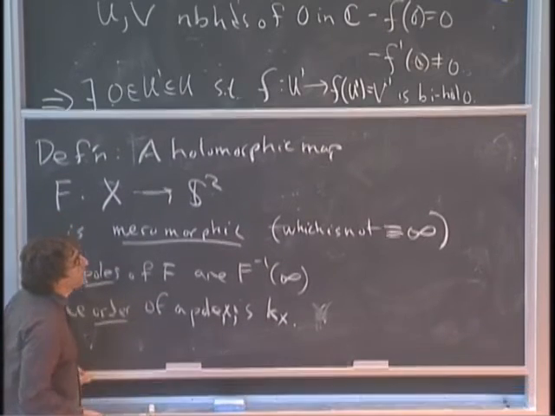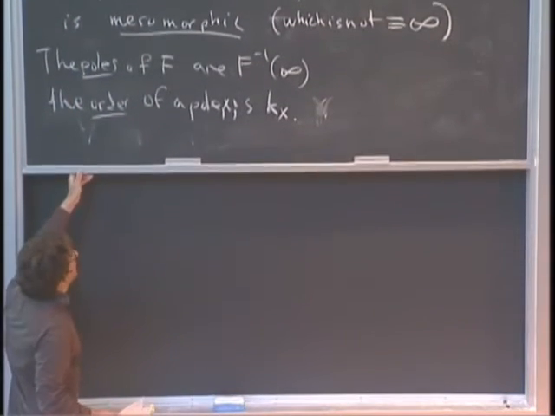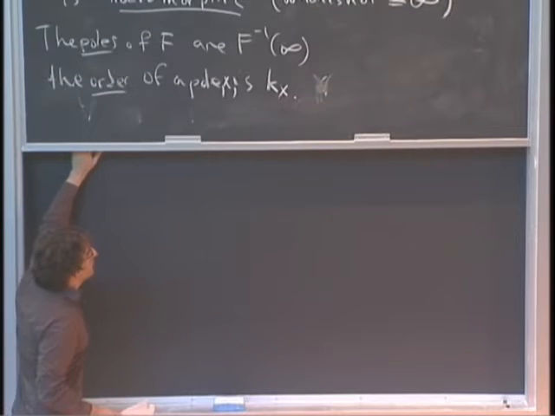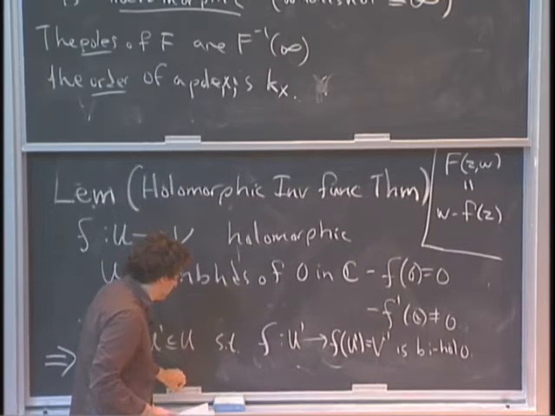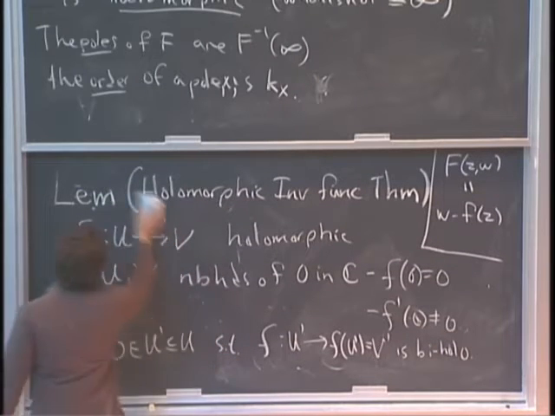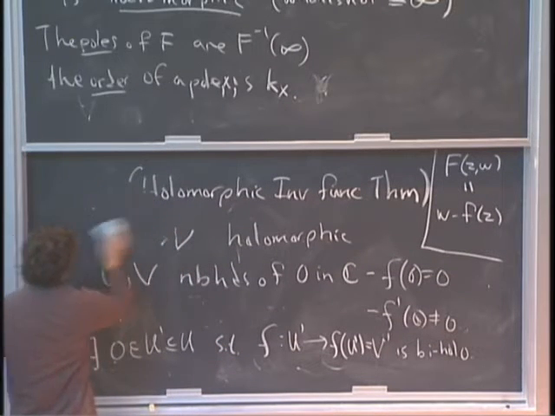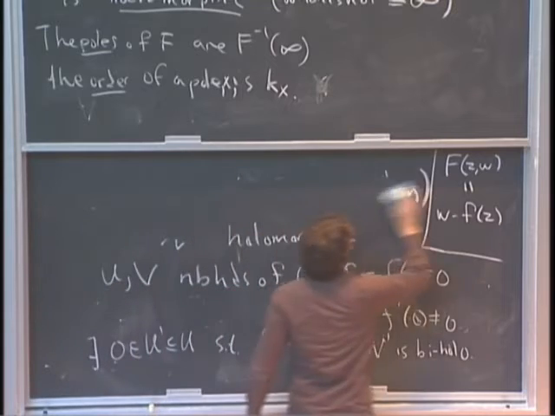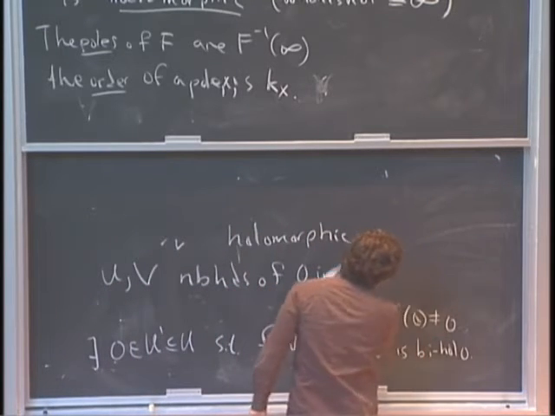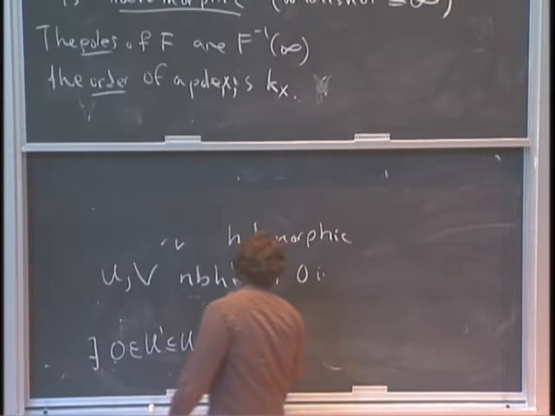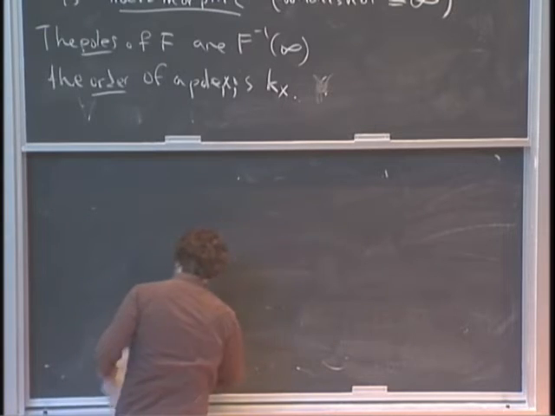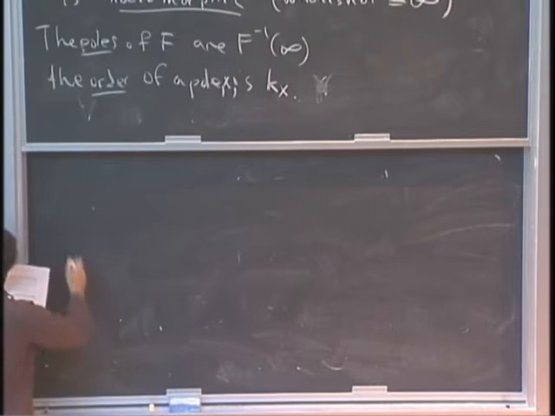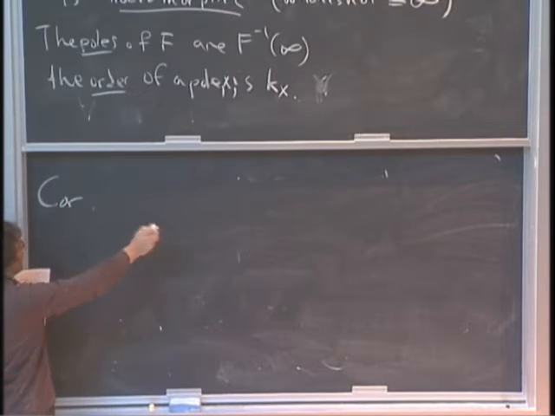But the upshot of this, together with our proposition over there about the degree, is the following nice way of characterizing the Riemann sphere, which will hint at how one can approach the uniformization theorem. So we have the following corollary of the proposition.